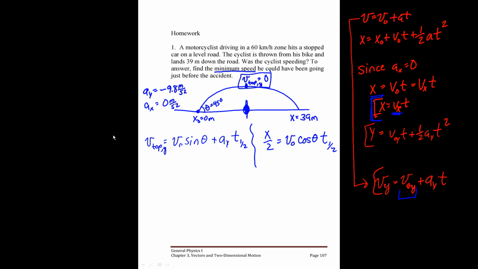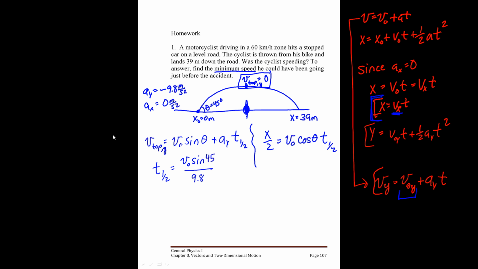So I'm going to solve this equation for t1 half through a system of equations. t1 half equals V naught sine of 45, going in and putting in that angle that we assume, divided by 9.8. Now, I lost a negative here because it cancels out, because AY is equal to negative 9.8.